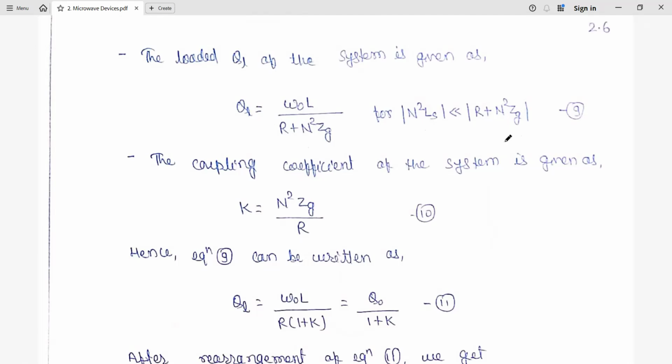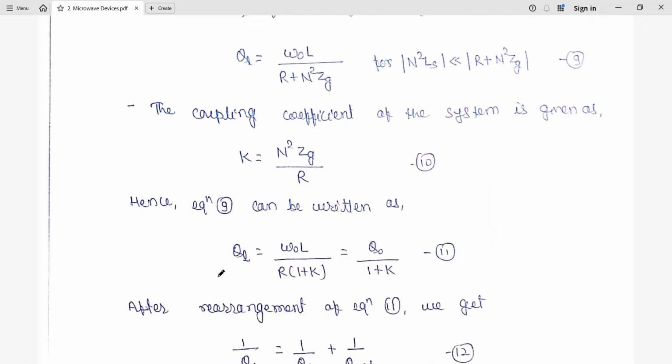Now we have another term, the coupling coefficient of the system, that is N square ZG by R. Coupling means how different components, our load as well, are being coupled here. Substituting the value in this equation 9, in the simplest form the loaded quality factor is omega L by R into 1 plus K.